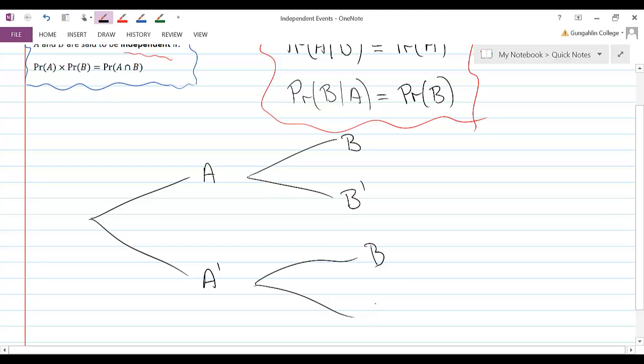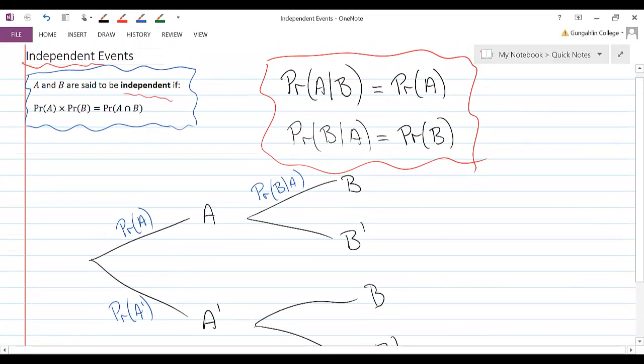I'm not going to worry what the probabilities in particular are; we're talking generally here. There's going to be some probability of A happening, and this branch represents the probability of A not happening. In this next branching, this line represents the probability of B happening given that A has happened. I could put labels on all the other branches, but this is the one I'm going to look at.